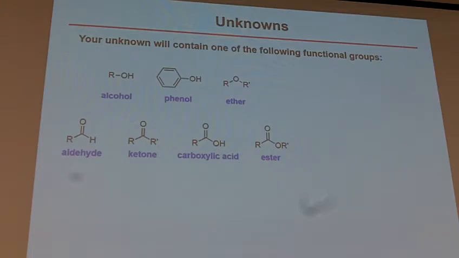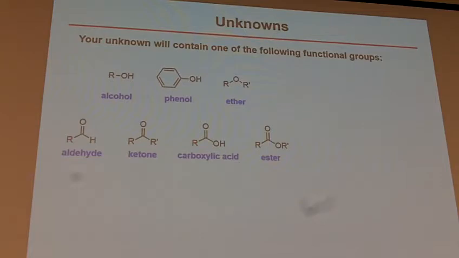There's two basic categories for the types of unknowns that we're going to look at: those that contain oxygen, and those that contain nitrogen. The first group, the oxygen-containing groups, could be an alcohol, phenol, ether, aldehyde, ketone, carboxylic acid, or an ester, all right?